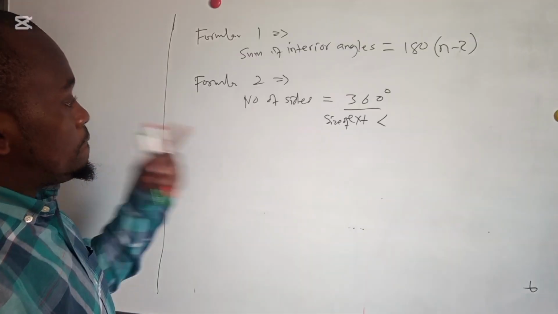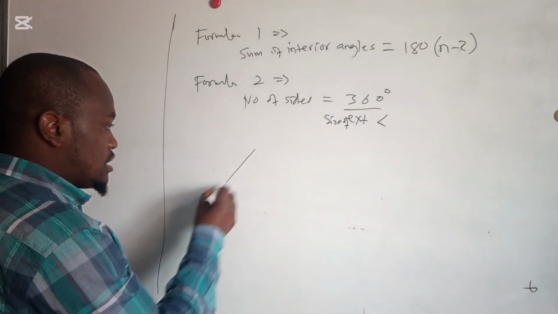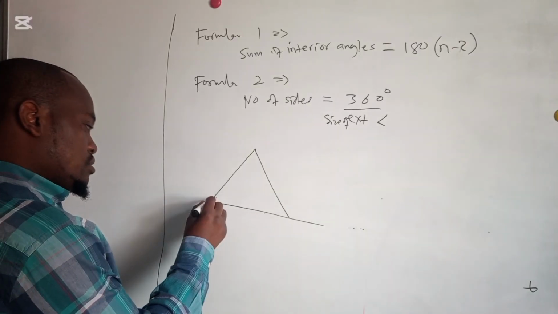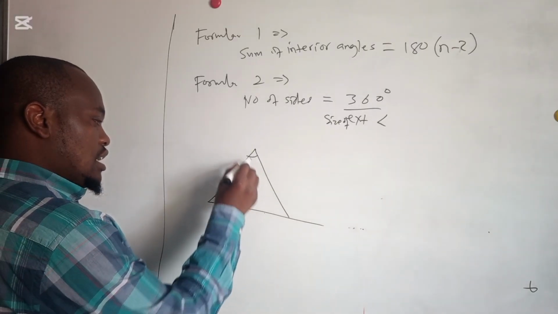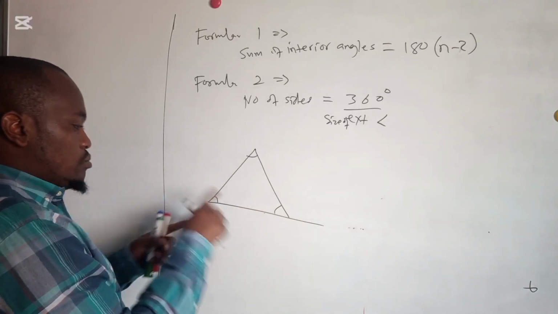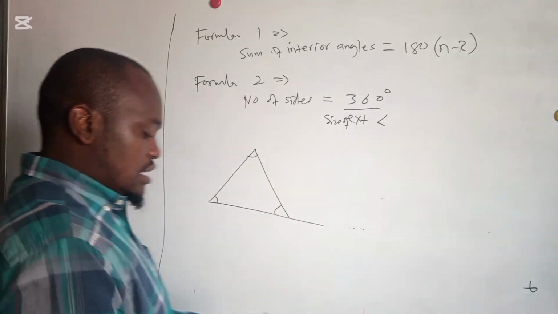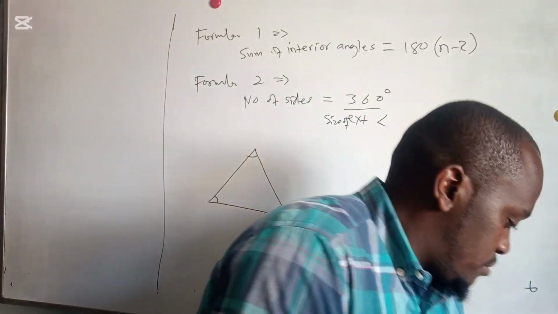We have an example. We have a triangle. We can draw a triangle and say this one is called the interior angle. But when you project one line, you form what we call an exterior angle.